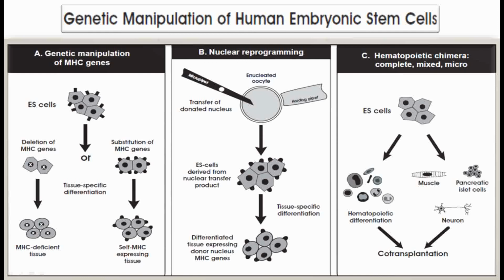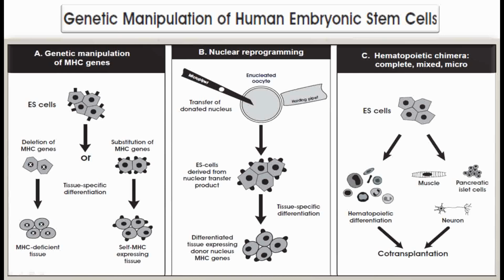So here is genetic manipulation of human embryonic stem cells. If we talk about the MHC genes, first we will see genetic manipulation of MHC genes. MHC is the major histocompatibility complex that plays a major role in our defense system, or we can say in our immune system.